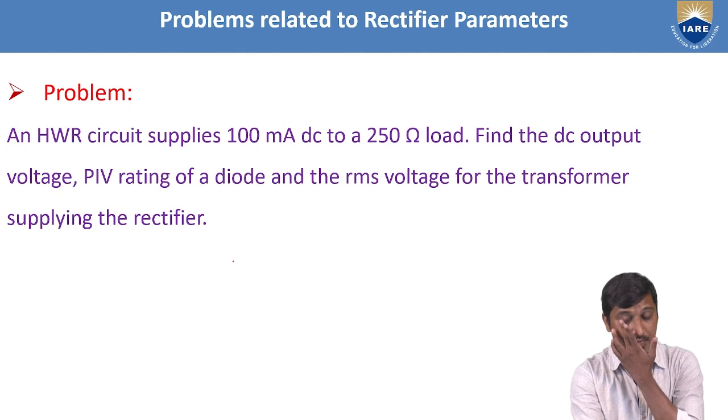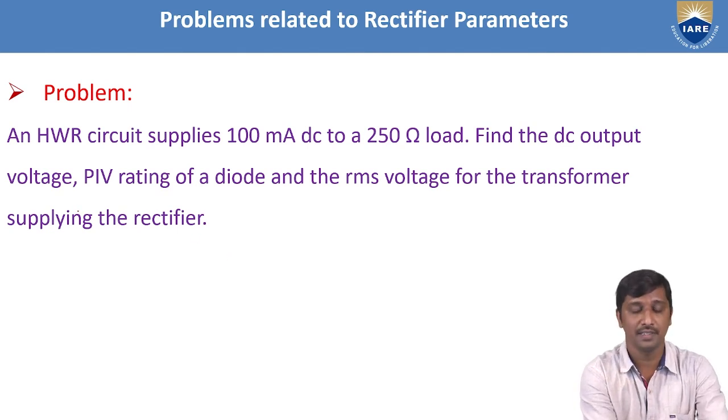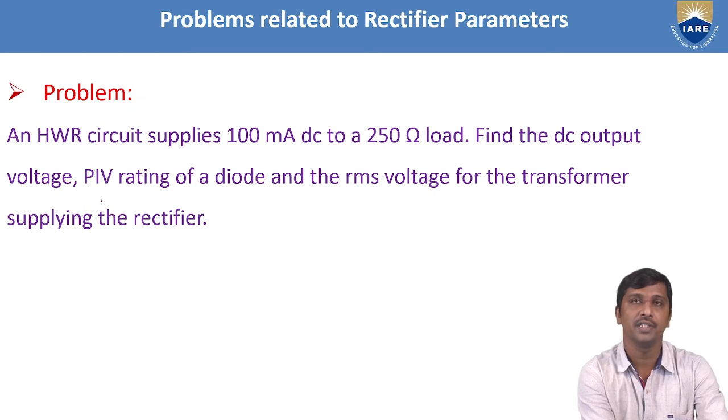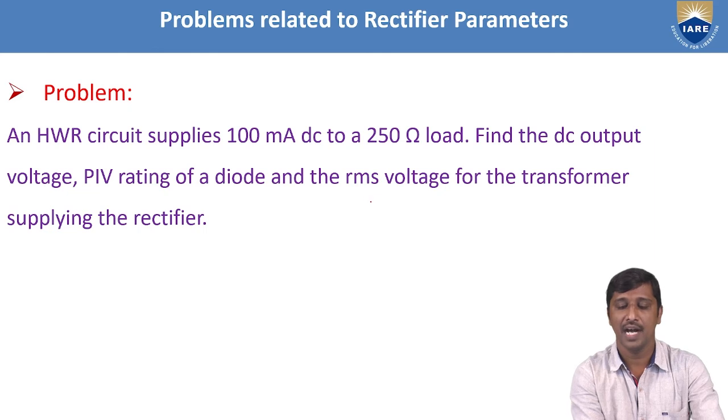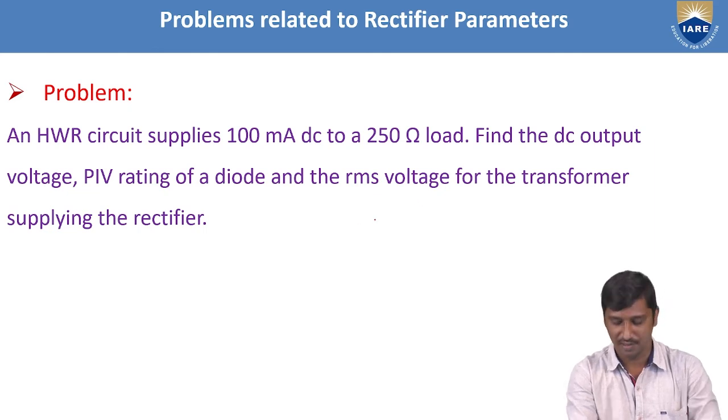So here we need to calculate the DC output voltage as well as the peak inverse voltage. We know that in the basic analysis of the half-wave rectifier, the peak inverse voltage is only Vm. Then we need to calculate the RMS voltage for the transformer.